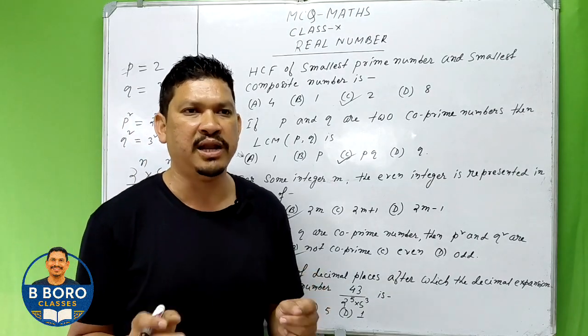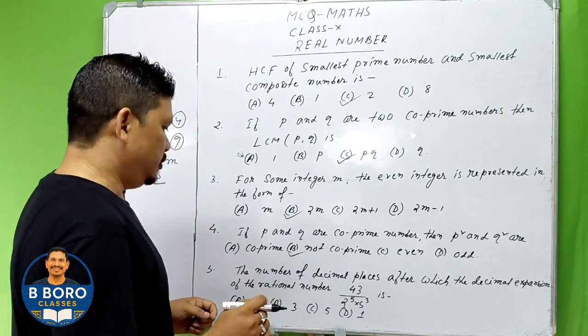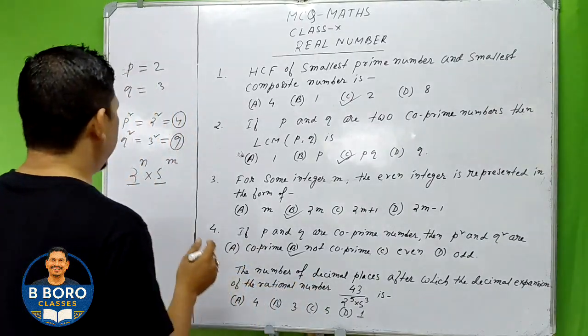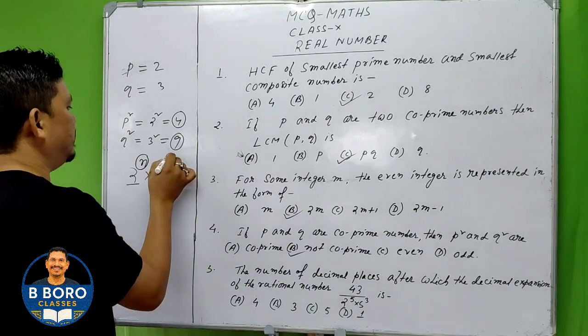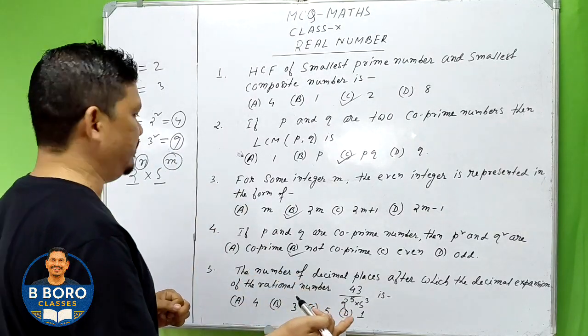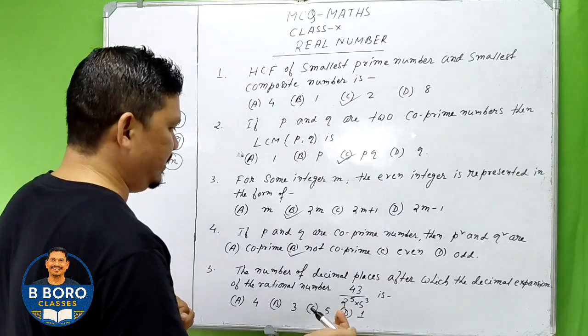Otherwise, it is non-terminating repeating decimal. So after the decimal, how many digits are there? We just have to remember the highest power of 2 or the highest power of 5.